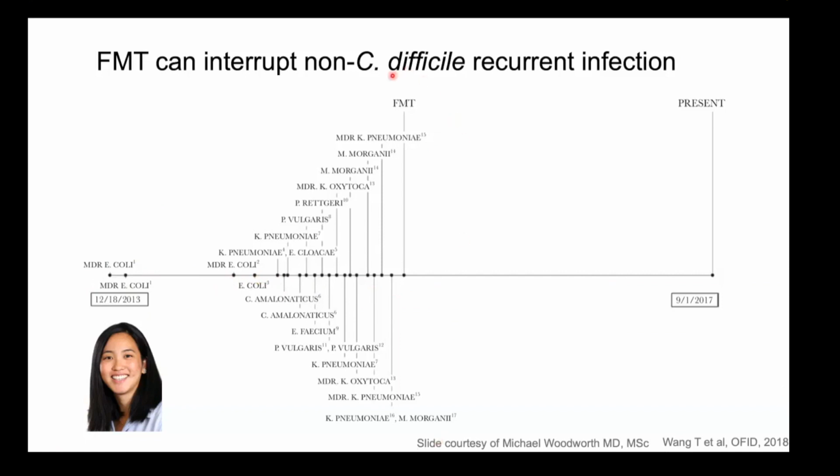She then receives FMT here for recurrent C. diff. And then you could see that she was followed up for quite a long period of time, up until 2017, where she no longer had any more MDRO UTIs.